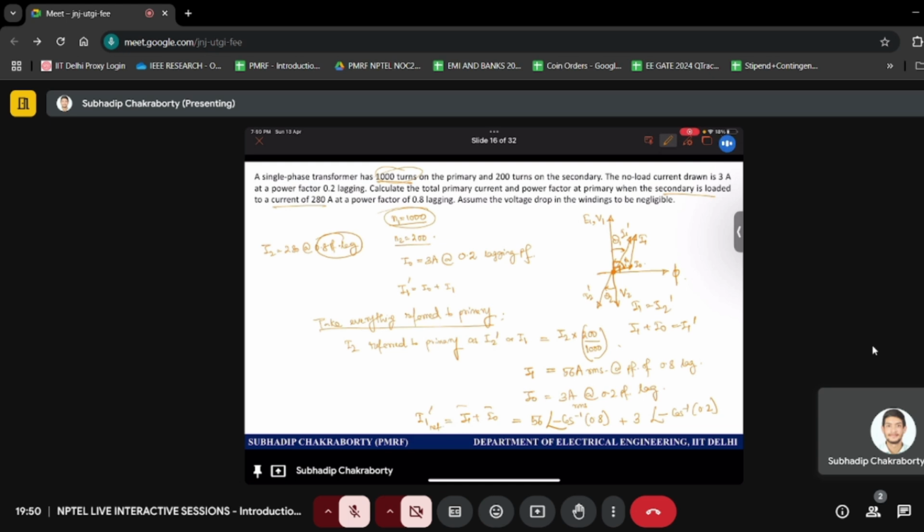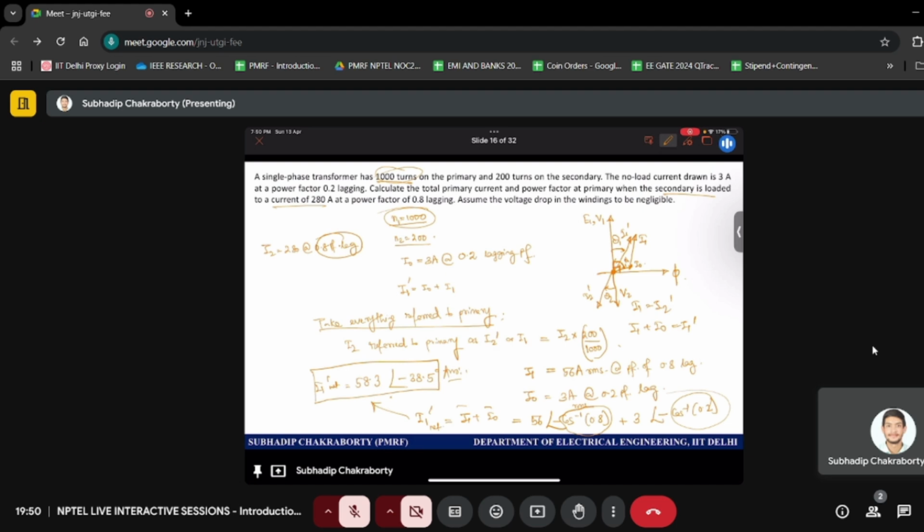If you do the phasor summation, you will get a lagging power factor for sure. I1 dash net is coming as 58.3 at an angle of minus 38.5 degree. So do this cos inverse 0.8 and take it to degrees, and then you will get it as the answer, right?